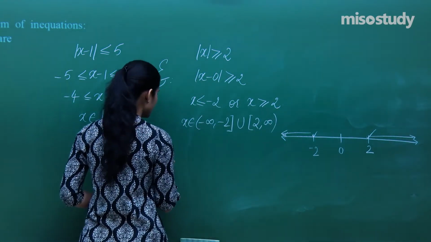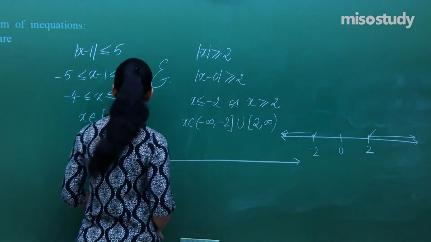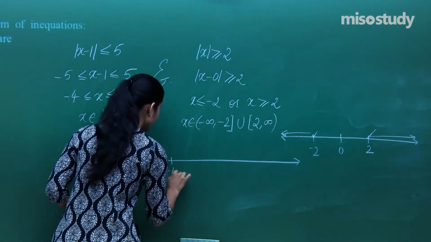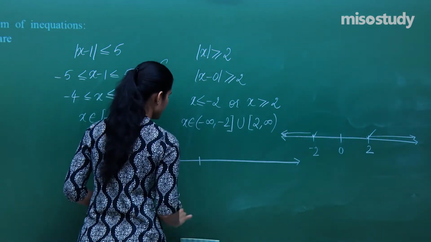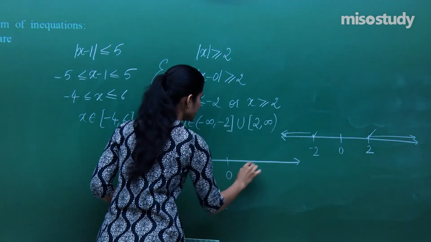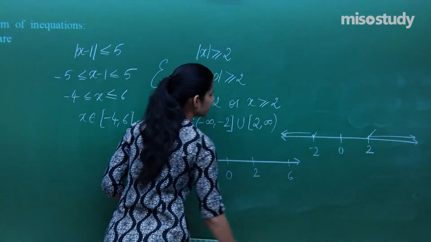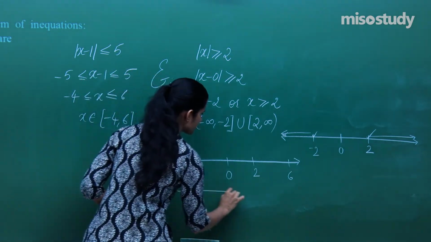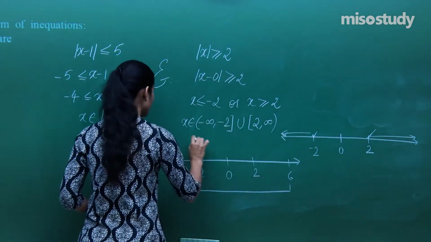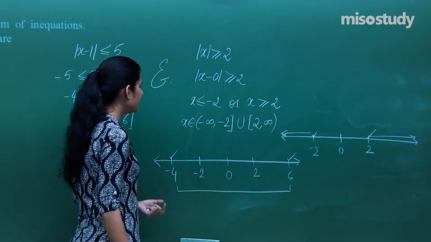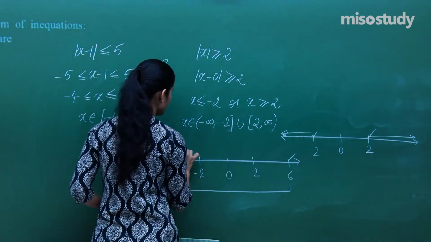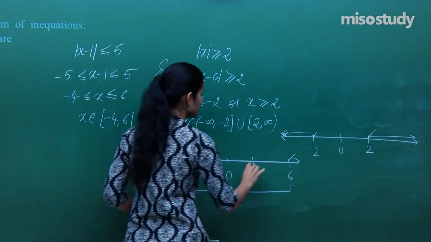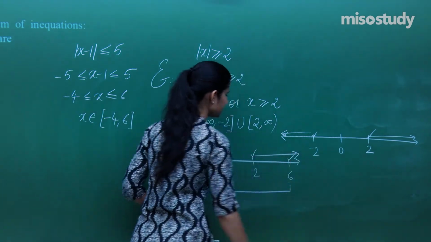So when you take the intersection of both these solution sets, you have what? Somewhere here is minus 4, then there is minus 2, 0, 2, and say somewhere here is 6. I am saying from minus 4 to 6, including these 2 points. And then there is minus infinity to minus 2, including this, and 2 to infinity.